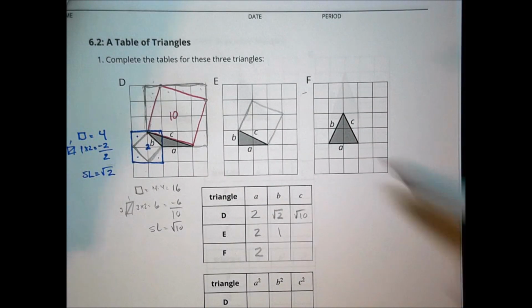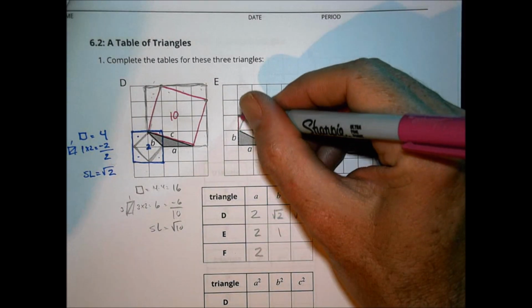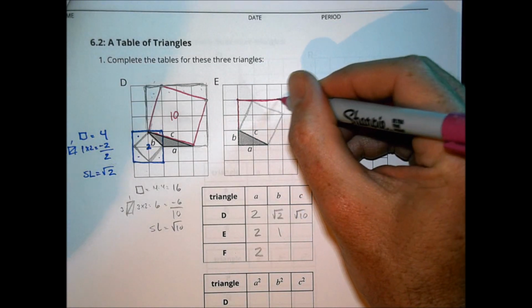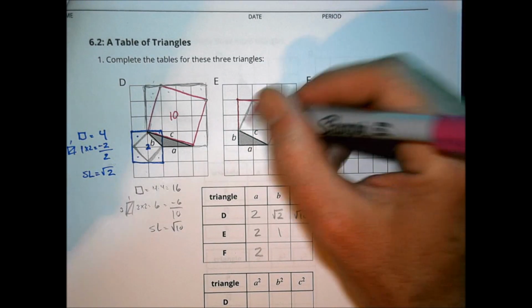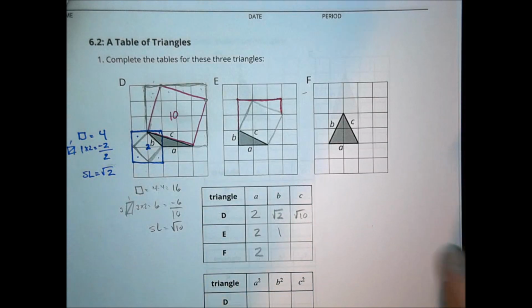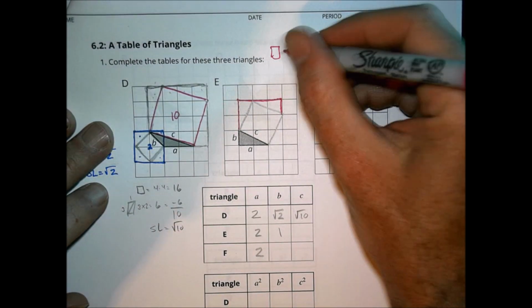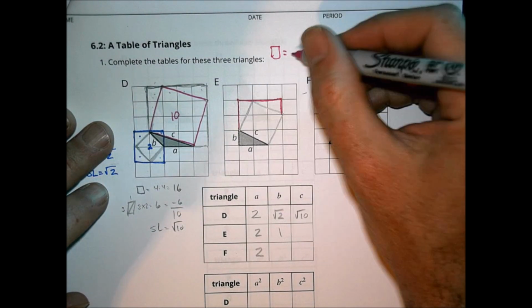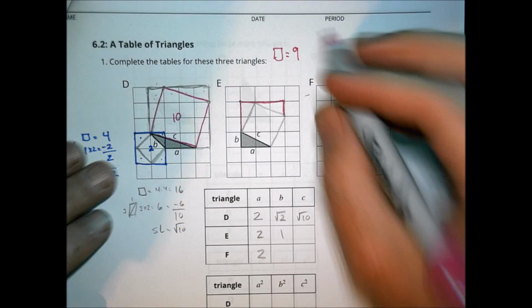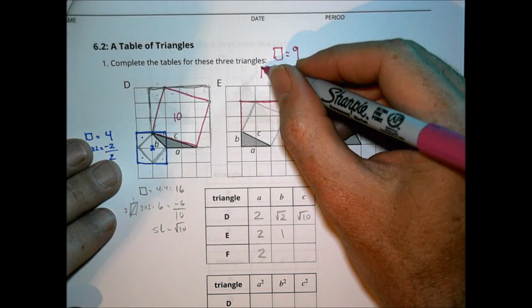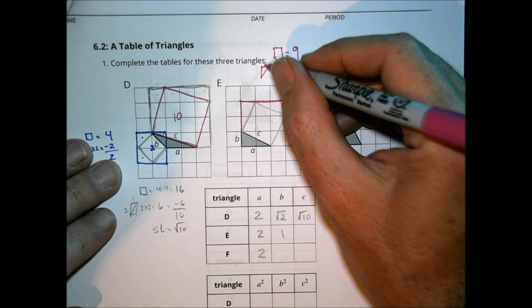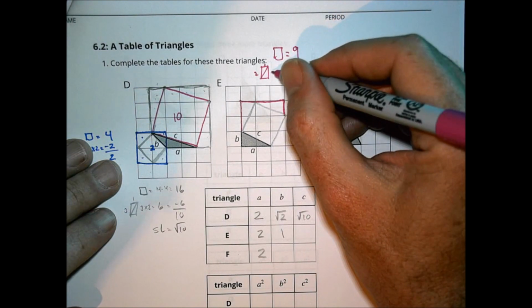And again, to figure out what that's going to be, I can draw a square around this one. And I'm starting to notice that if I just do that much right there, I'm okay. Because even with that in place, I can tell that my big square is going to be 3 by 3, so it has an area of 9. And my triangle then is a 1 by 2, and making that square becomes a value of 2.